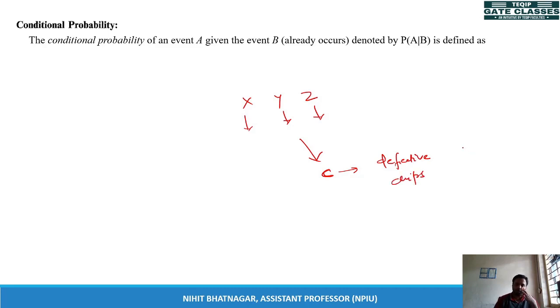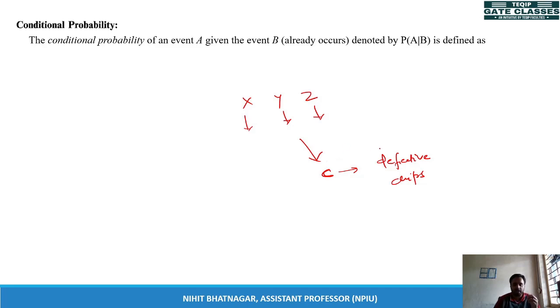So if company C receives some defective items, the company has to find which company each item belongs to. The items are supplied by X, Y, and Z, but C received some amount of defective items. So we have to find the probability.